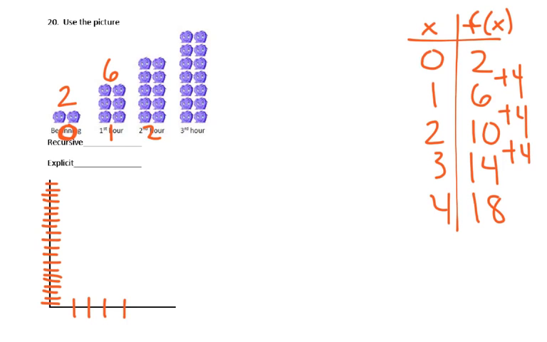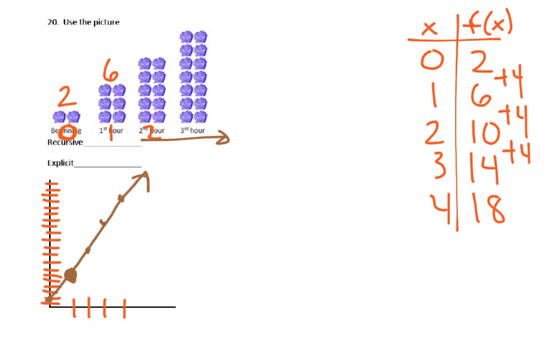Then we graph those. 0, 2, right about there. 1, 6, right about there. 2, 10, right about there. 3, 14, there, and 4, 18. And there we go. That shouldn't have had a curve in it. But my graph apparently needs to be bigger. There we go.